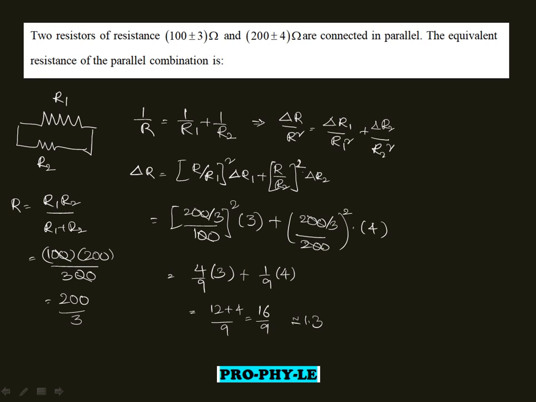So the final value will be 200 by 3, it will be 66.7 ohm approximately. So our final answer will be 66.7 plus or minus 1.3 ohm. That is how you can solve this question.